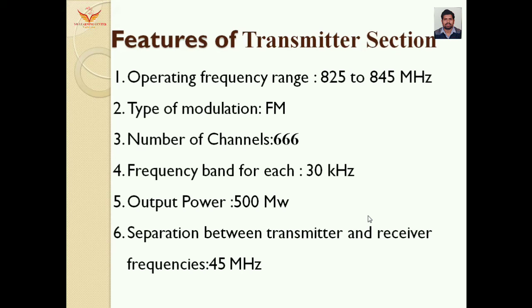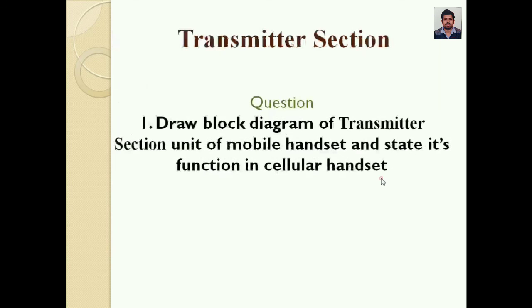Then the number of channels is 666. The frequency band for each slot is 30 kilohertz. The output power is 500 milliwatts. And the sixth feature is that the separation between transmitter and receiver frequency is 45 megahertz. So this is all about the features of the transmitter section.